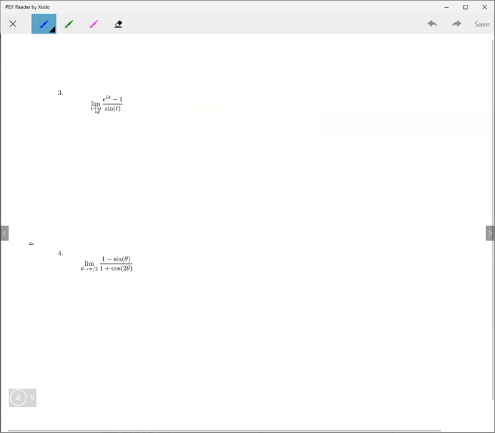If you plug in a 0, in the numerator we get e to the 0 minus 1, which is 1 minus 1, and the denominator is sine of 0, which is 0. So that's 0 over 0. Okay, this is indeterminate. So that means we can apply L'Hopital's rule because we have this form.